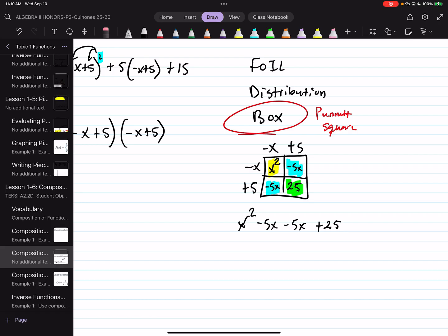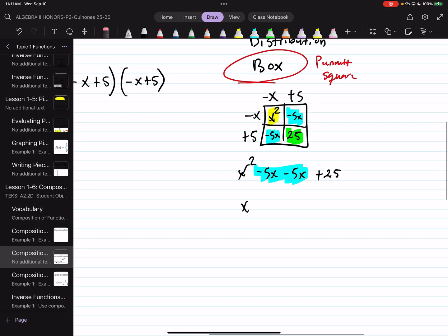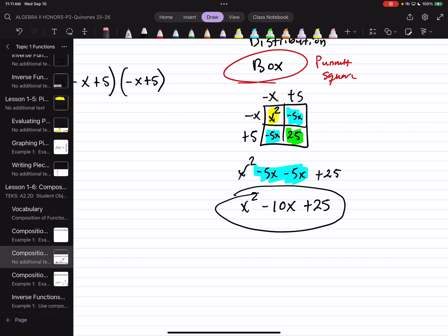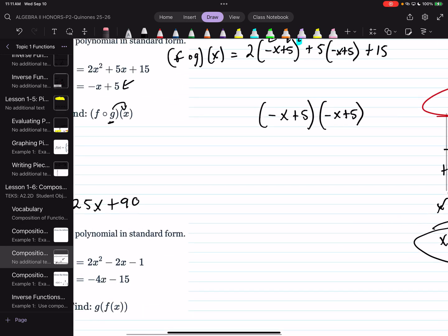Are there any like terms? Yes, these two. Negative 5x minus another 5x will give me negative 10x. This, everybody, is how to properly square a binomial. Cool. Now let's take it back.